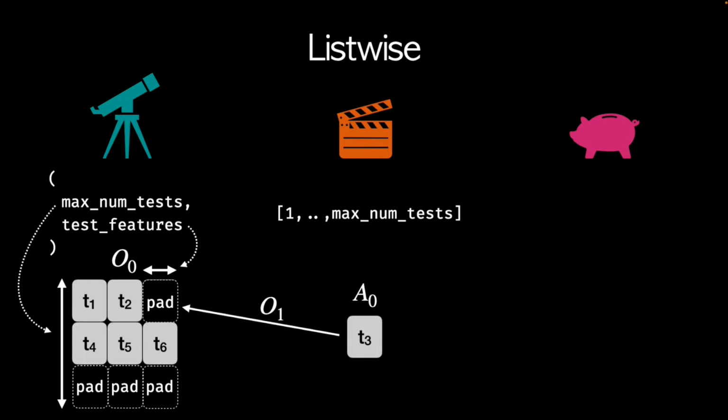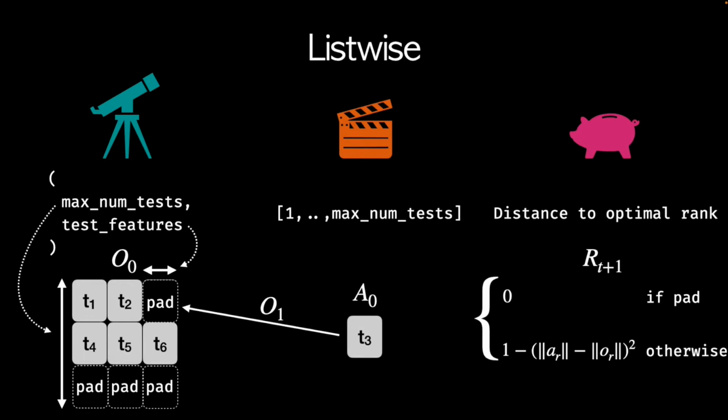And when we select instead something that exists, like T3, then we update the observation space and we pad the actual place that test case occupied in the observation space. The reward function is encoded as a distance with respect to the optimal rank that we assume we have, since we have the execution logs.